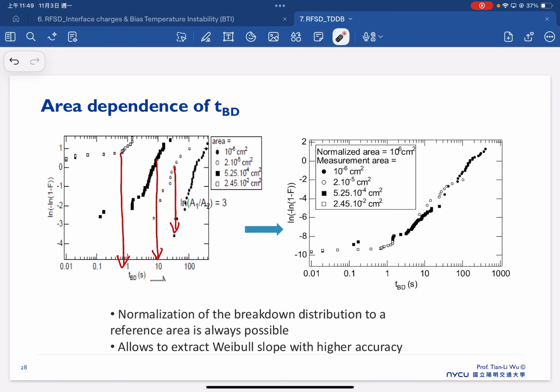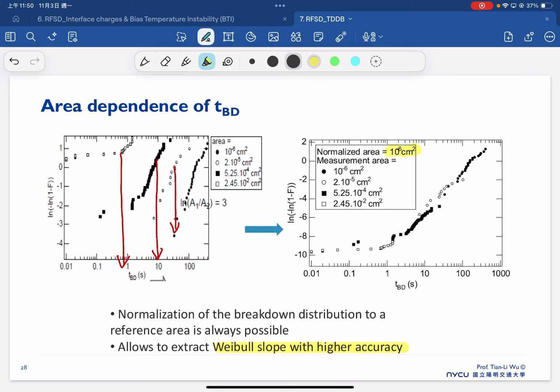Now we have this Weibull plot from 0.01 second to 1,000 seconds. This allows us to extract the Weibull slope with high accuracy, because now we have a very wide time domain for the full curve here. And this is normalized to 10 to the minus 6 centimeter square.